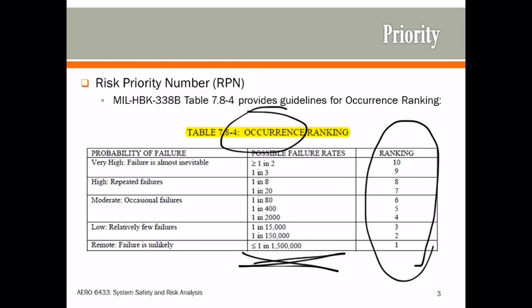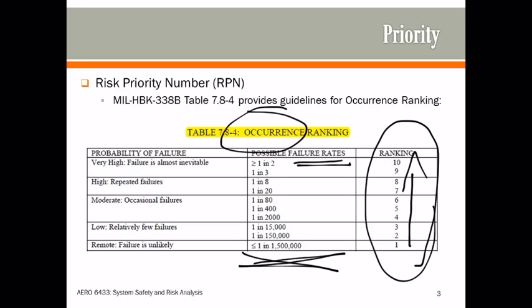The rankings are on the right side of the chart again, and again, the occurrence rankings are on a scale from 1 to 10, 1 being remote, moving on up to 10, likelihood being very high. Some examples of failure rates are given in the middle column there.